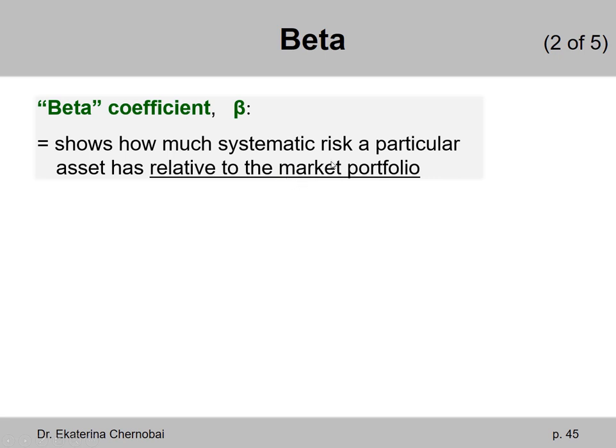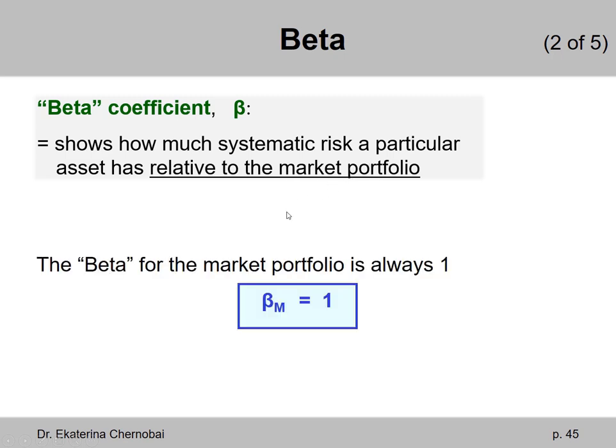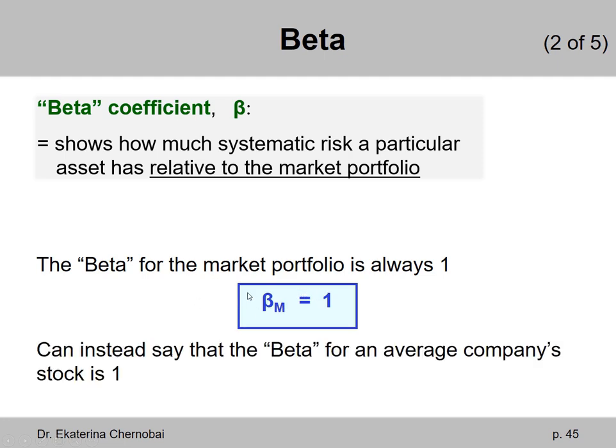That's the so-called Standard & Poor's 500 index, which is a portfolio of the 500 largest companies in this country. So the benchmark is beta for the market portfolio equal to 1. You can also say that the beta for an average company stock is equal to 1.